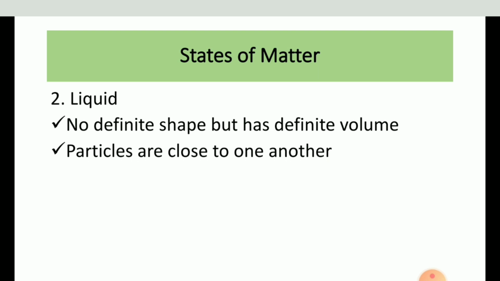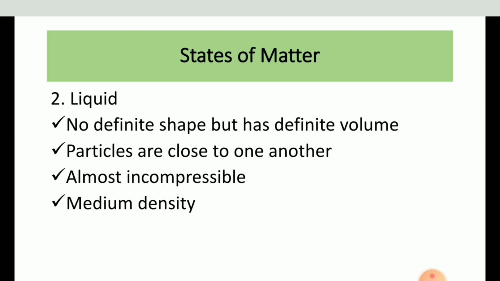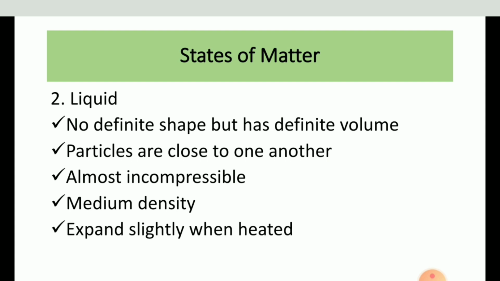They can slide past each other, allowing the liquid to flow freely and take the shape of the container in which it is placed. Liquids are almost incompressible, but they tend to expand slightly when heated. They generally have medium density.